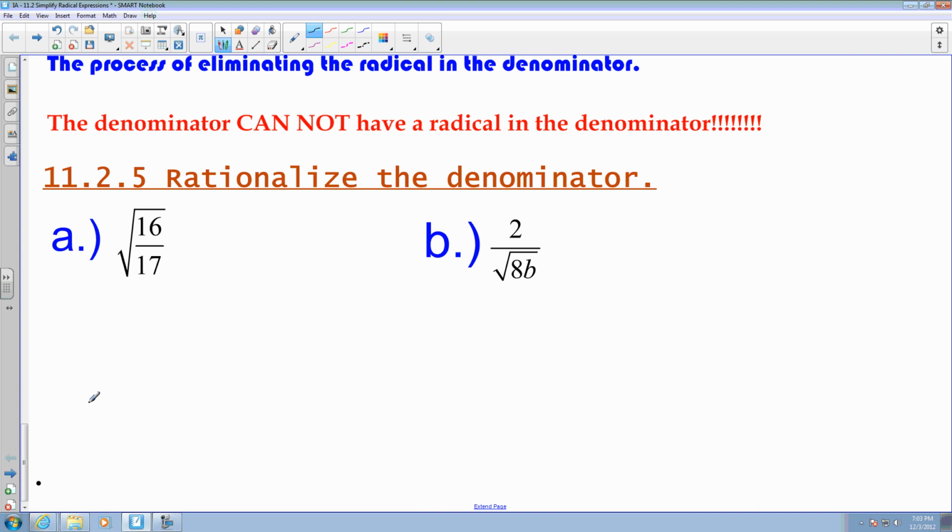We have the square root of 16 divided by 17. So that can be written the same as the square root of 16 divided by the square root of 17.